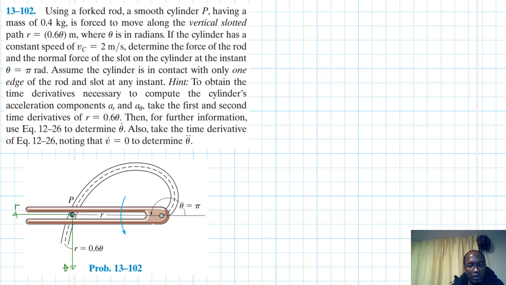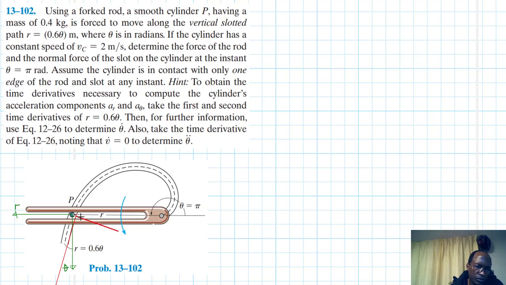And then we have the normal force. Let's say the normal force is somewhere there, tangent to that point. Let me draw a tangent line at that point. Let's say that is a tangent line at that point. And then we have the normal force at that point, like so.